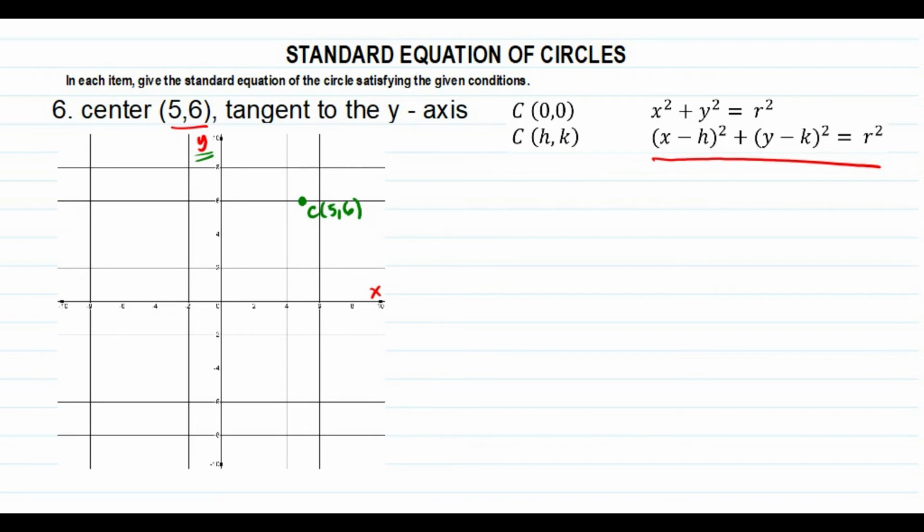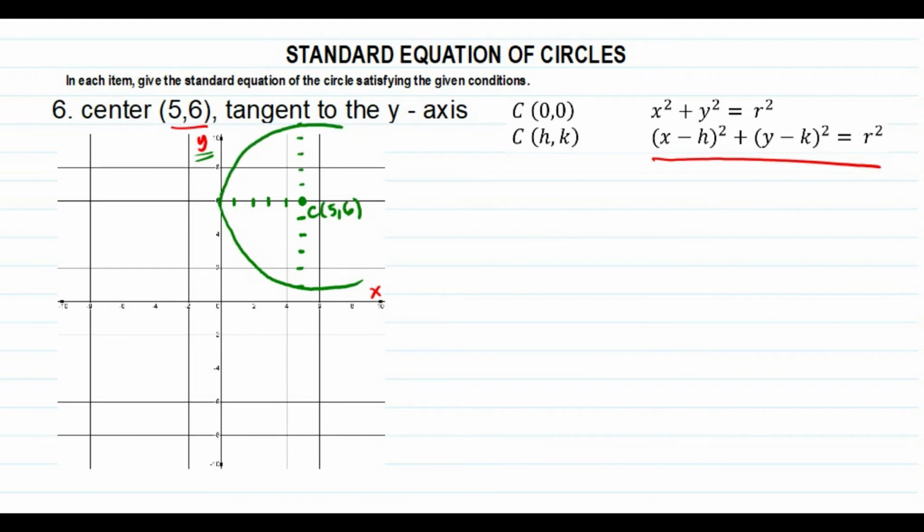Okay. Let's see. It's 1, 2, 3, 4, 5. 1, 2, 3, 4, 5. Bakit 5? Kasi nag-touch na dito eh. Kumbaga, magpo-form tayo dyan ng circle. Then, 1, 2, 3, 4, 5.